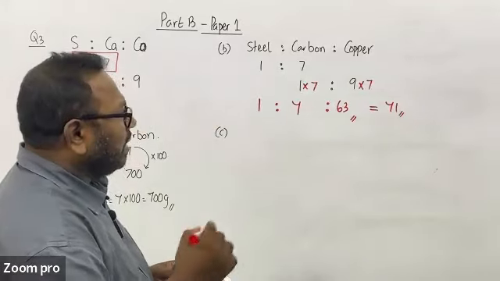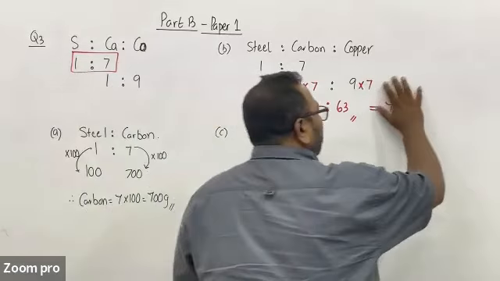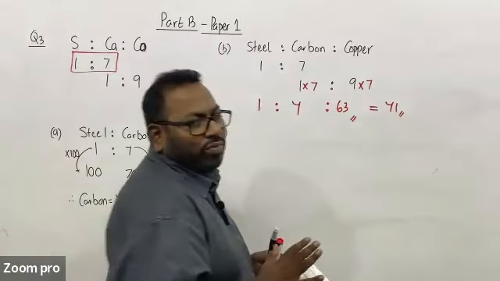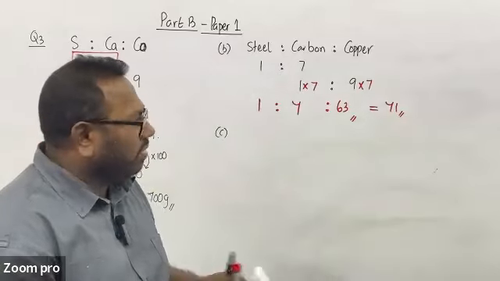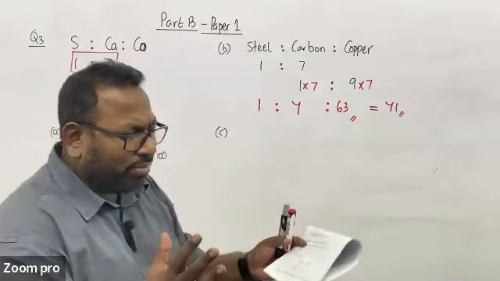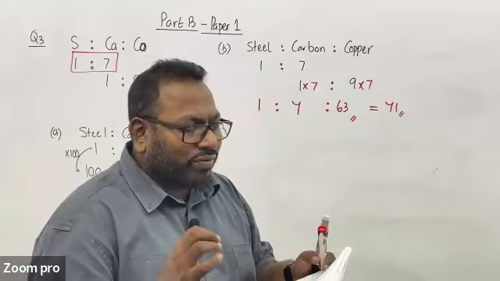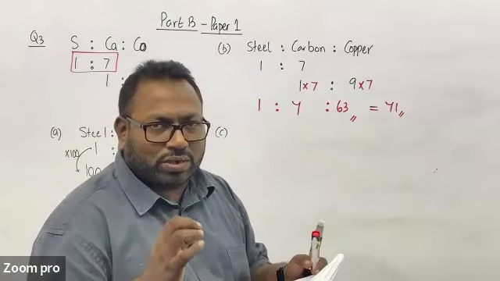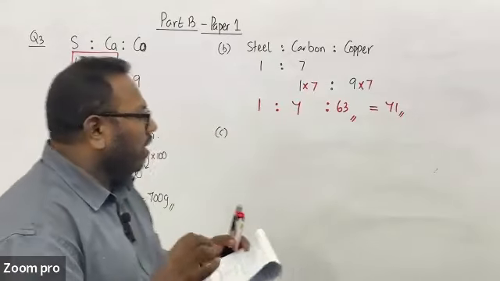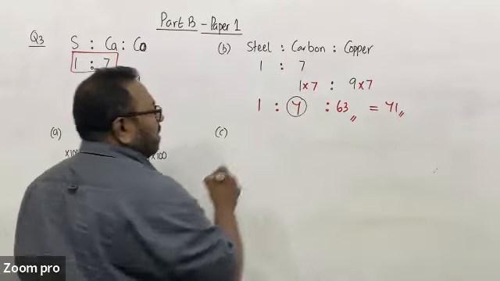That's your total ratio. 1 plus 7, 8. 8 plus 63, 71. Now this is your total mixture of your alloys. While you're adding all of this, you're getting this total. So that is your total mixture. So what they're saying now is find the amount of carbon in 7,100 grams of alloy. So what is the carbon portion? 7.